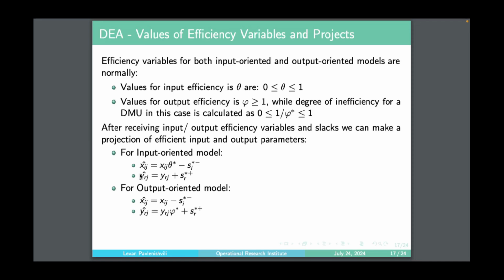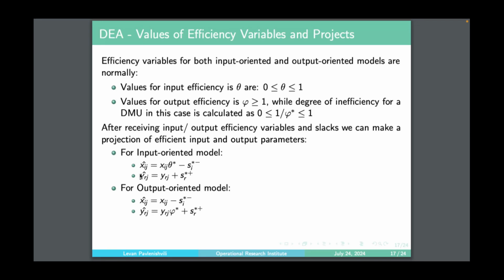Okay? So what would be my perfect output parameter? Sorry, the prediction of my output parameter based on these optimal slacks and optimal efficiency measures, both for input and output.